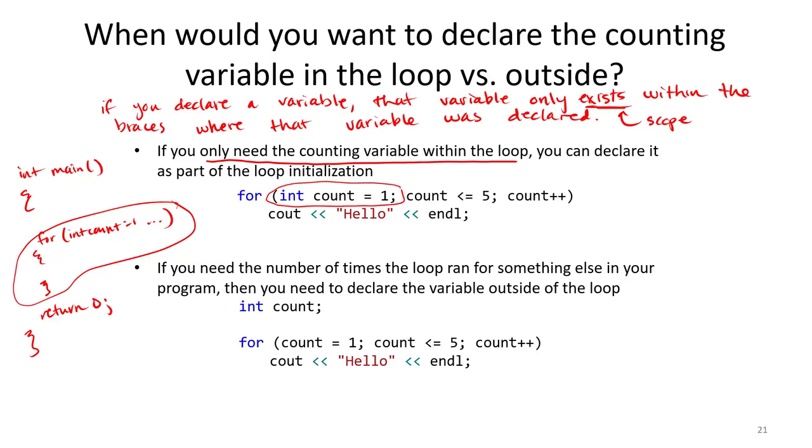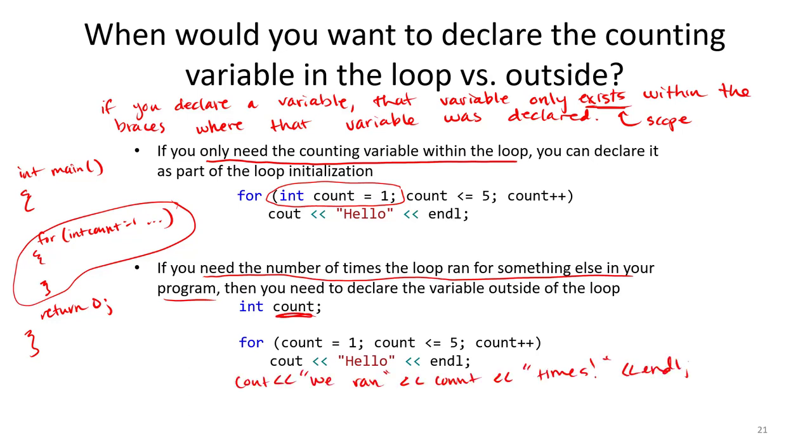However, if you need the program to use that count variable later, so if you need to know what count is after the for loop has finished, then we need to declare that variable outside the for loop. That will ensure count still exists after the loop ends.